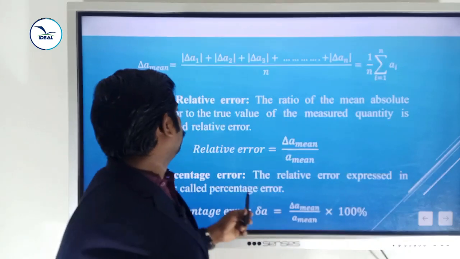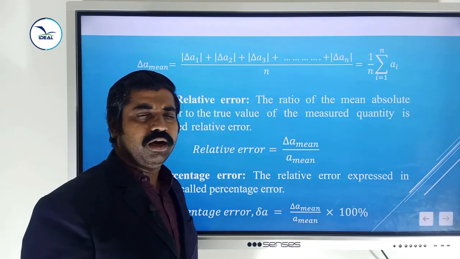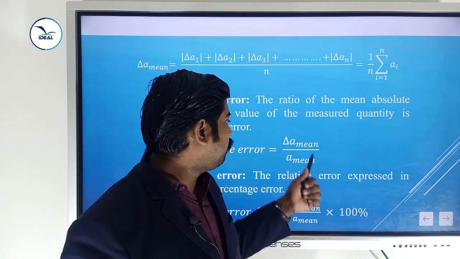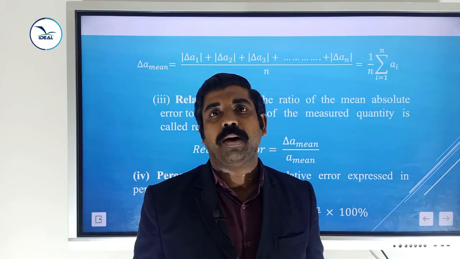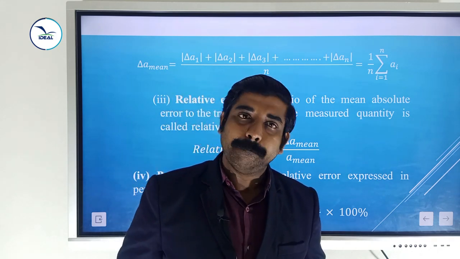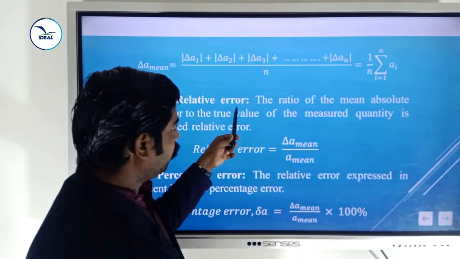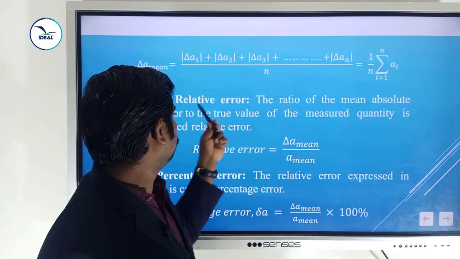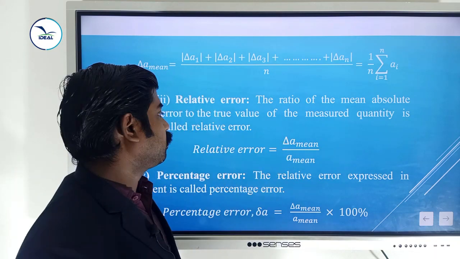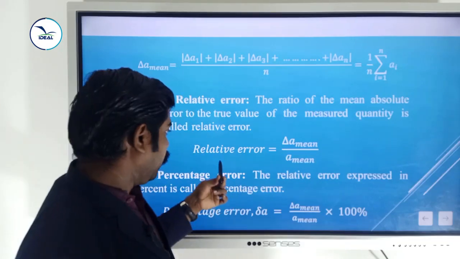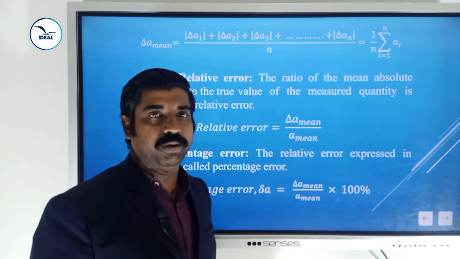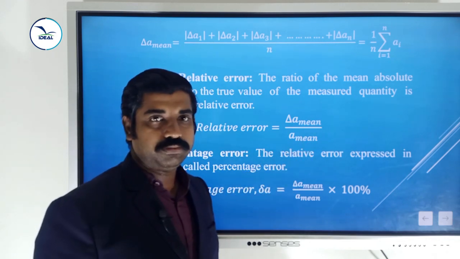Next, the relative error. It is the ratio of the mean absolute error to the mean value of the measured quantity. So relative error is equal to delta A mean divided by A mean.